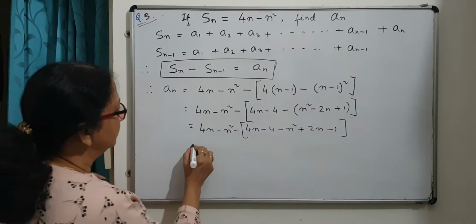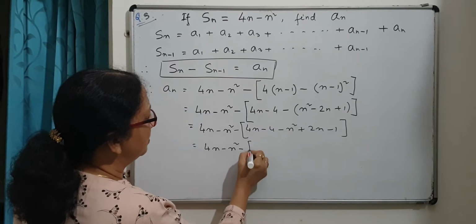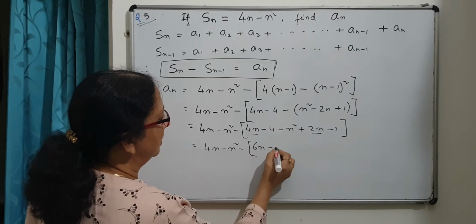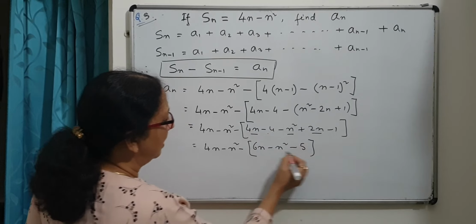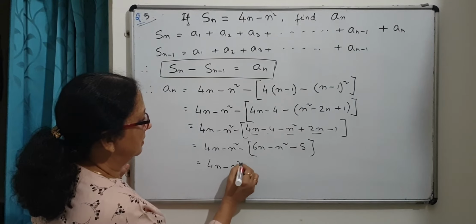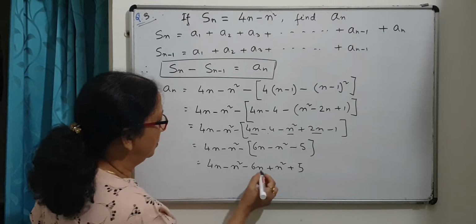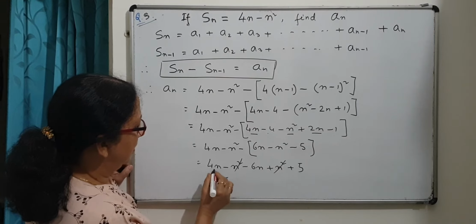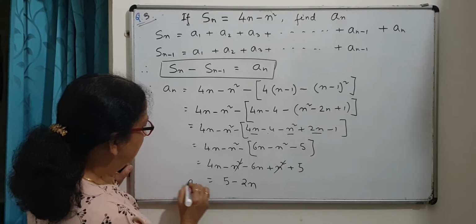Let me simplify this. 4n plus 2n is 6n, minus n square. I have taken the minus 4 minus 1 as minus 5. I have simplified. After simplifying, remove the bracket. Minus, plus. So these two get cancelled. So we are left with 5 minus 2n. So this is the answer.